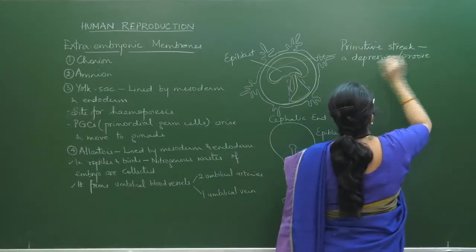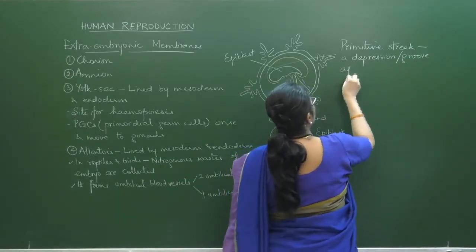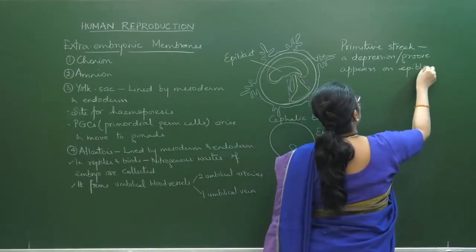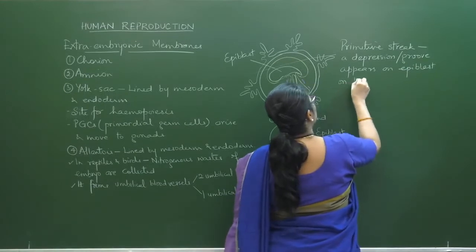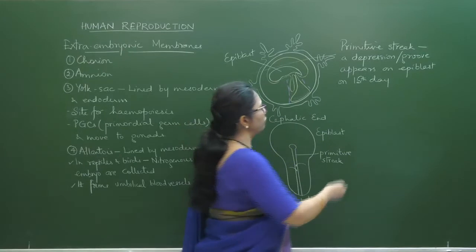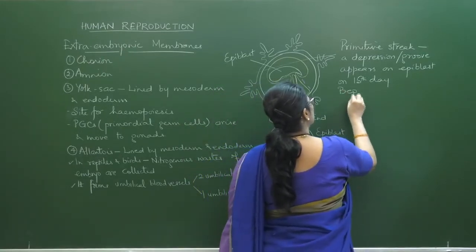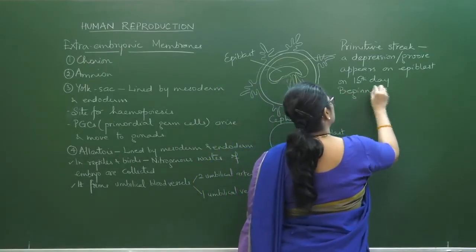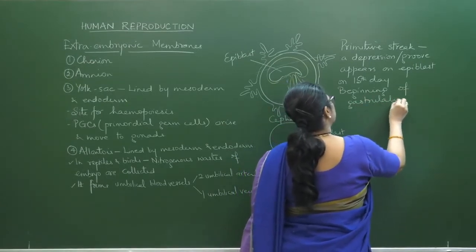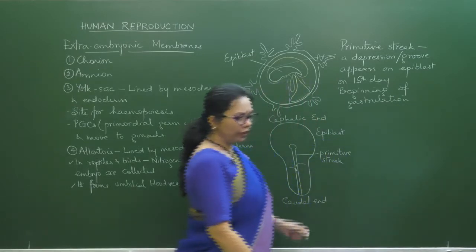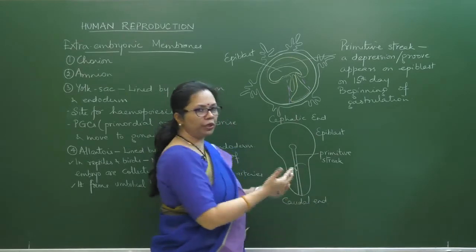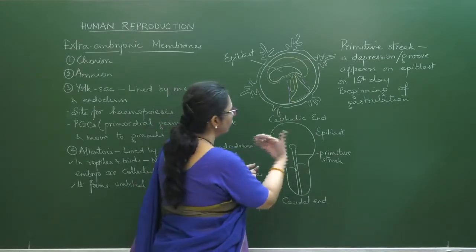Okay, so the primitive streak or a depression appears on the epiblast on the 15th day of development, and this is the beginning of gastrulation.